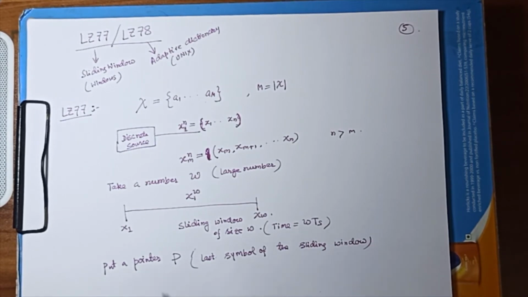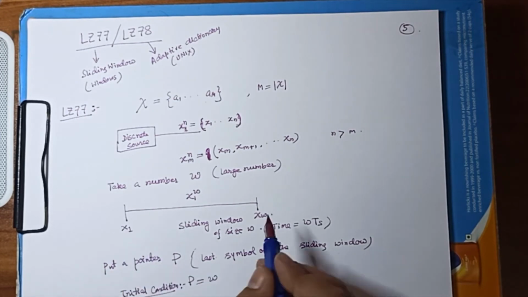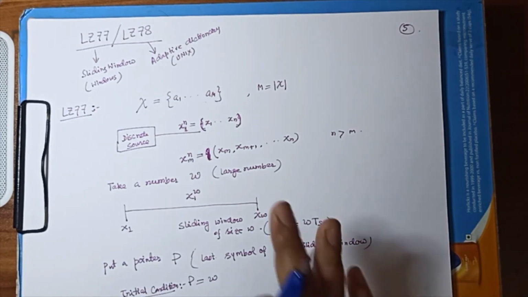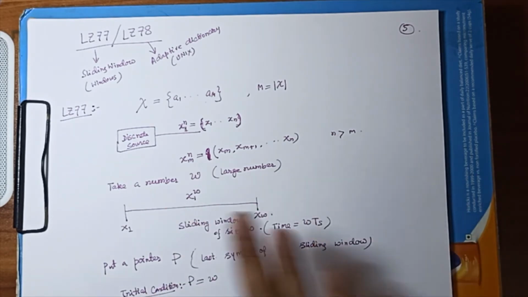To begin with, we will say that p is equal to w. So this is the initial condition. I start with x1 such that the first sliding window ends at w. So p is equal to w. Then I will increase p accordingly as we move forward.